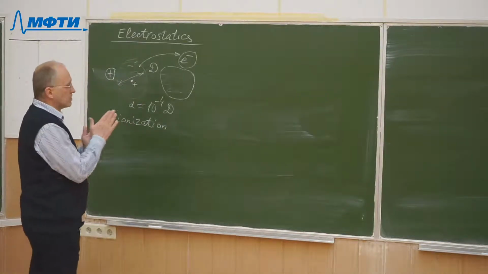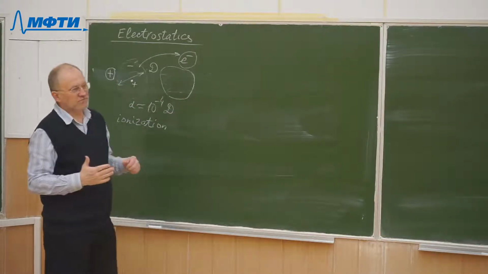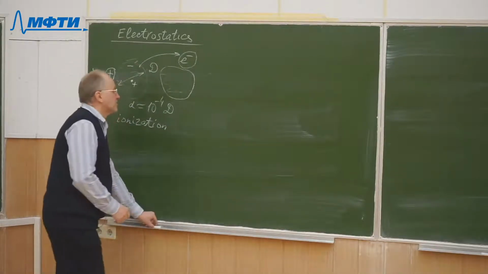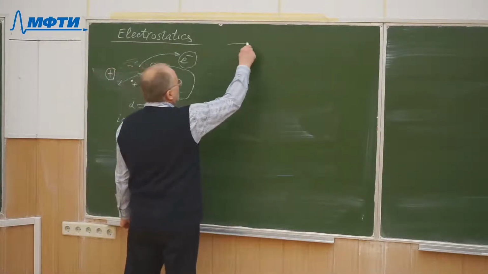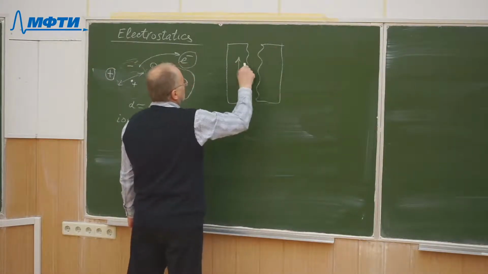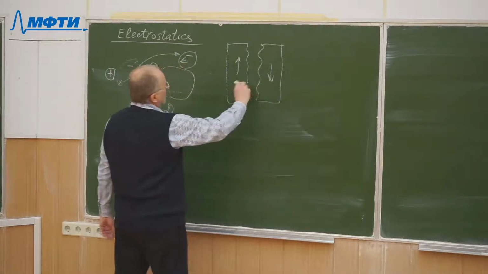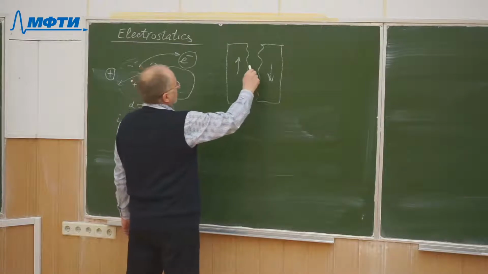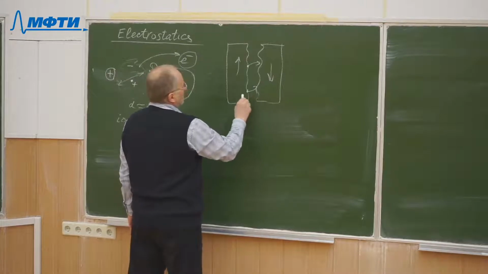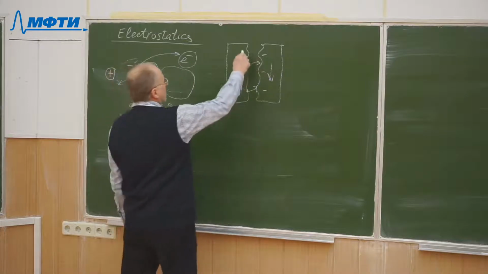In friction, the electrons sometimes jump to a different surface. And in this way, one surface will be charged positively and the surface of the other body will be charged negatively.